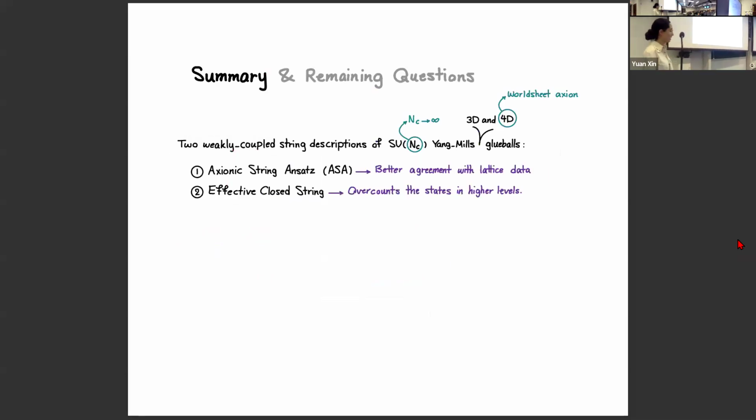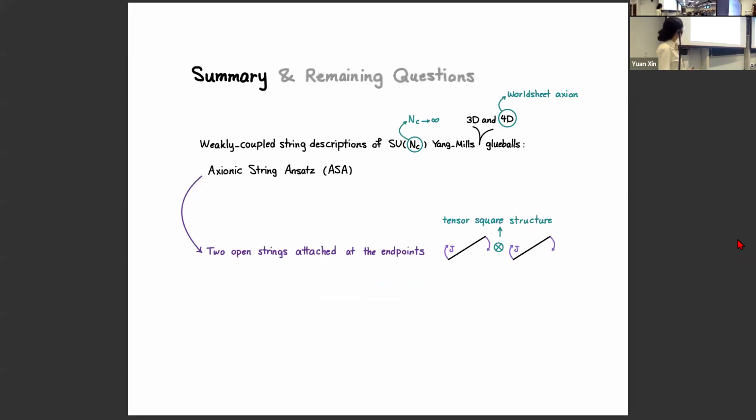To summarize, I described two different ways of looking at the string description of Yang-Mills glueballs: the axionic string ansatz, and the effective closed string. The effective closed string overcounts the number of states, while ASA matches better with the lattice data.